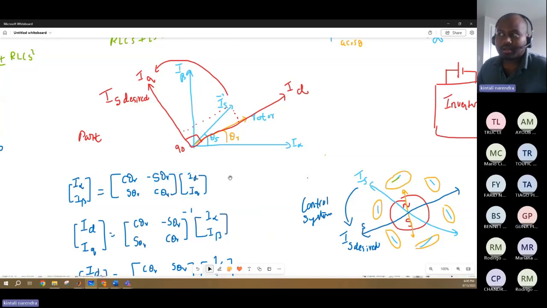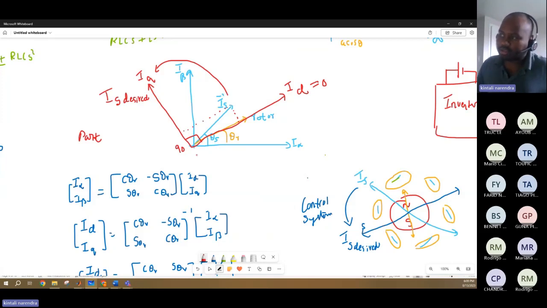No, I'm not saying IS went to IQ. I'm just finding where IS should be in order to get the maximum torque, which is when IS is at IQ and ID equals 0. So ID should be 0.